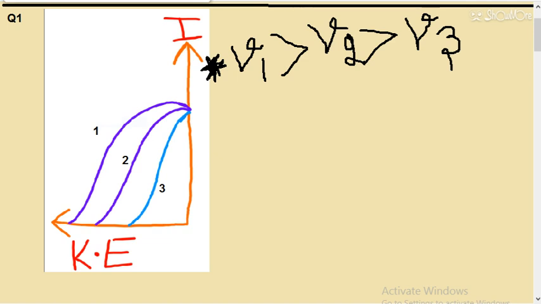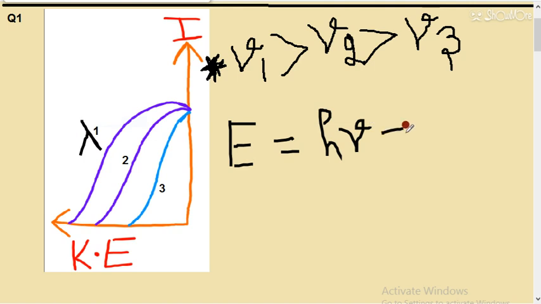Second one is the relation for the wavelength. We have seen total energy is equal to incident energy is equal to h into mu. Can we write h mu as h mu naught plus kinetic energy? So students, can I write this?